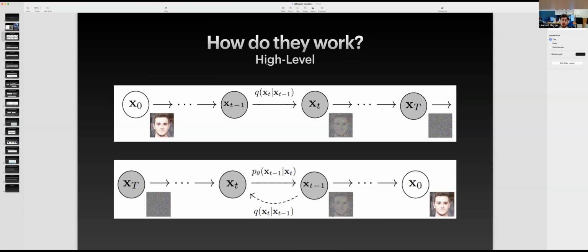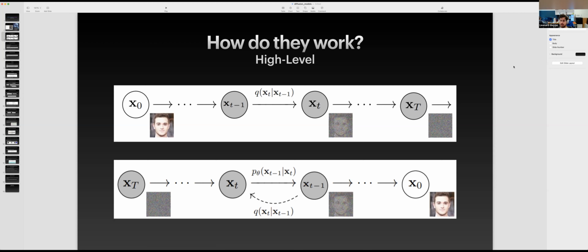So diffusion models are a class of deep generative models that have become very popular recently, and they work in two phases. The first phase, the forward component of the diffusion process, sequentially adds Gaussian noise to a vector from the distribution that you're interested in.